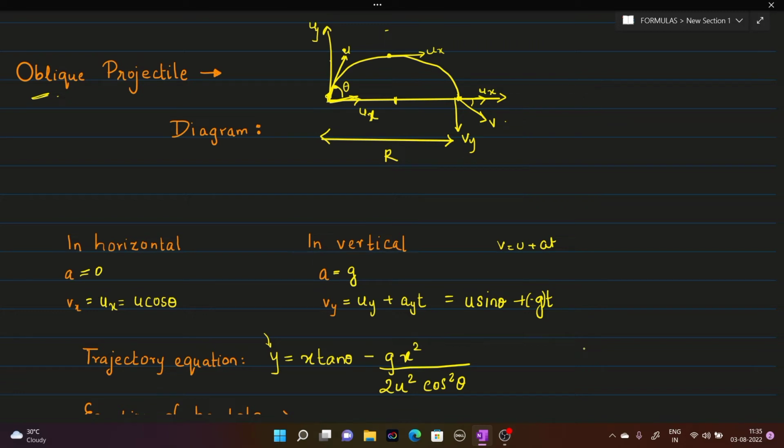And if we consider that x will be here equivalent to r, and this is the maximum height, which is nothing but equivalent to h. So at h, x is nothing but r by 2. You can see at this point the x value is nothing but r by 2.